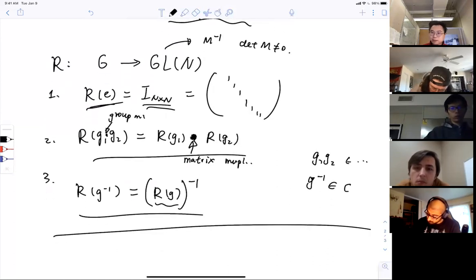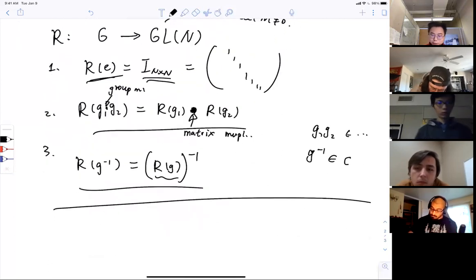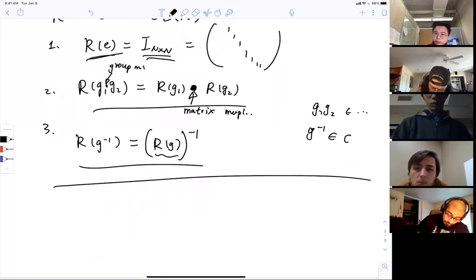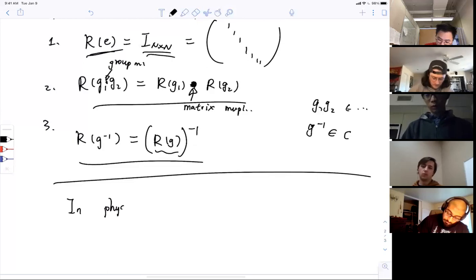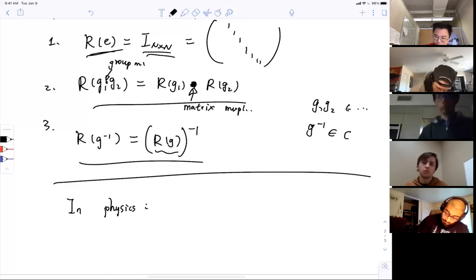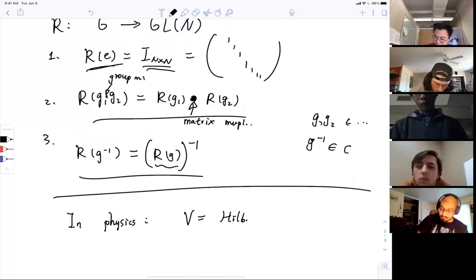So okay, this is for mathematicians, but for us, the most relevant vector space is a Hilbert space because all the physical states live in the Hilbert space, right? So V is our Hilbert space.